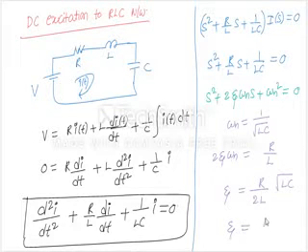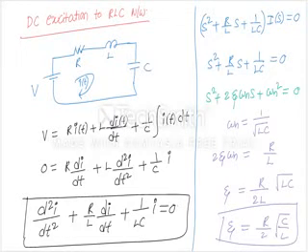So zeta is how much? R by 2 into square root of C by L. This is my zeta. As we know, from zeta we can decide the response of the system. If zeta is equal to 0, we call it an undamped system, undamped response.